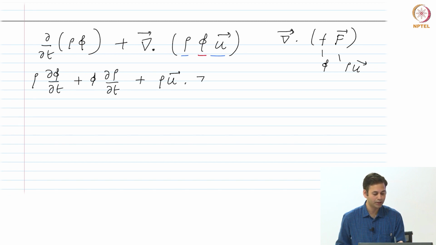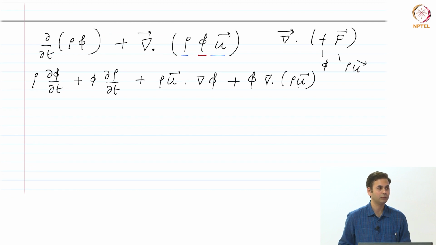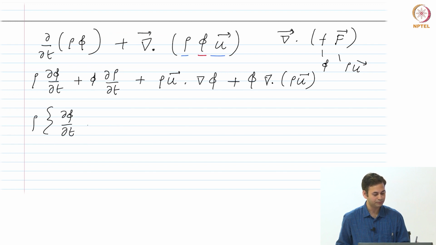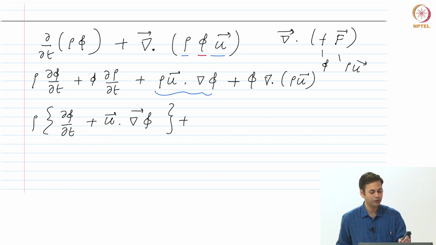So, this will be rho u bar dot grad phi, right, plus what else it would be? Phi times divergence of rho u bar, right. So, that will be the identity, okay. Now, if I collect the terms that are multiplied with the density and with phi, I have rho times partial phi partial t, plus I have this term here which is u bar dot grad phi, right, plus the remaining two terms are this guy and the last one here, okay.